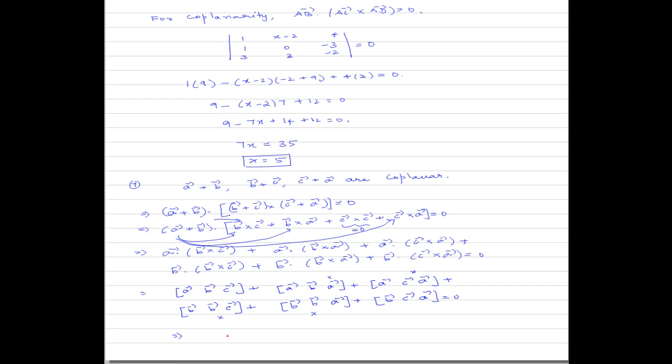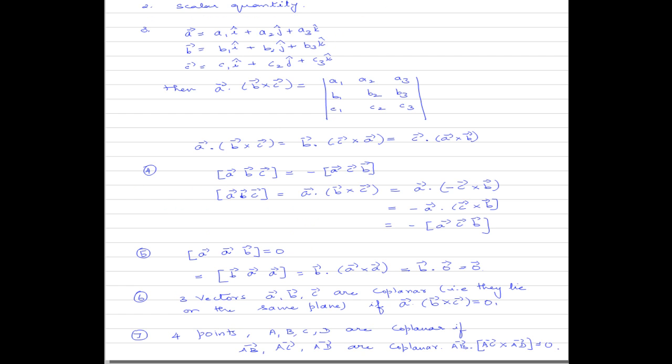So therefore this implies we have [a b c] plus [b c a]. But since it is cyclic, this can be written as [a b c] plus again [a b c], because this is also the property. Here we have seen in property that [a b c] is equal to [b c a] is equal to [c a b].